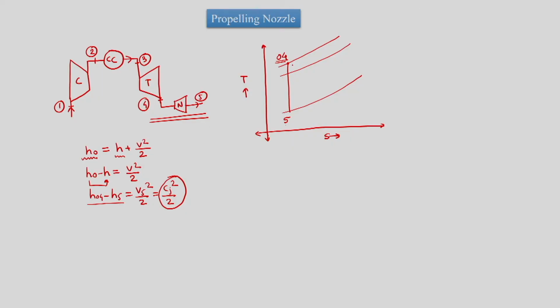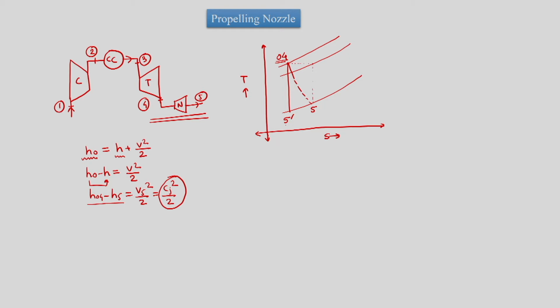So this process is this way, but in reality we will have a process which is 4 to 5. So this is 5 dash and this is 5, but the nozzle is not going to operate as an isentropic duct.